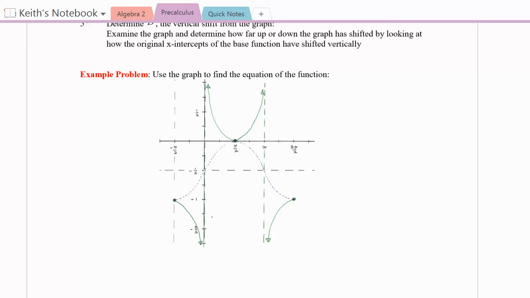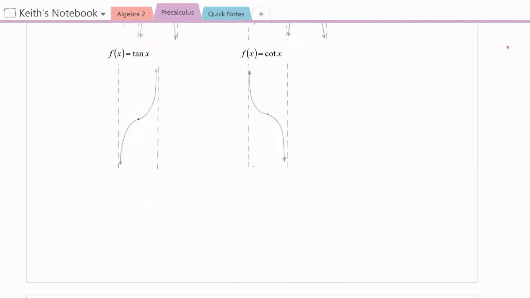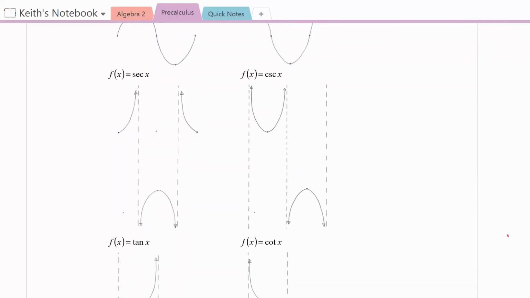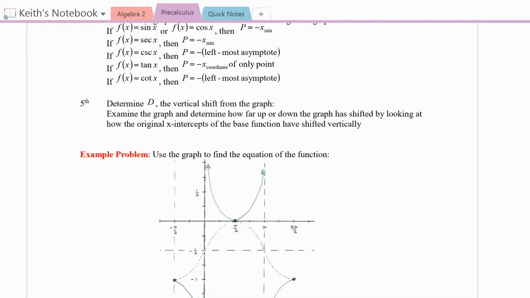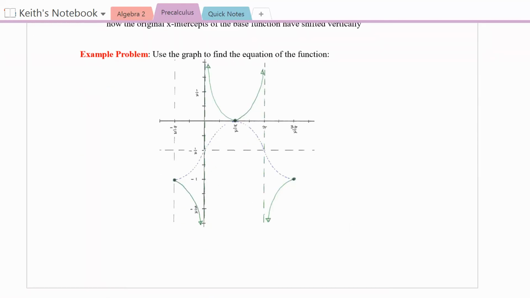With the two asymptotes here, we can tell that this is a secant graph as opposed to a cosecant. So we know that this is y equals a secant of b times x plus p, plus d.